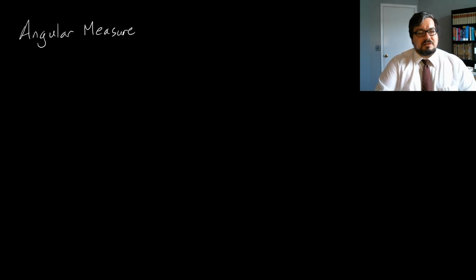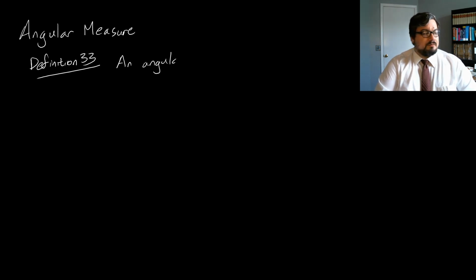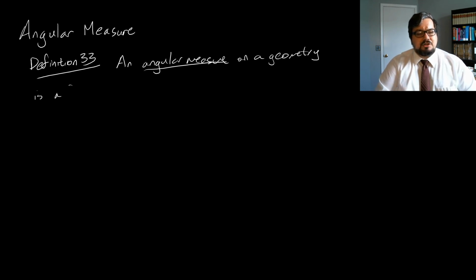So let's start with our definition. Definition 33. An angular measure on a geometry is a function which we will denote using a lowercase m, and it's going to go from the set A of all angles to the real numbers.